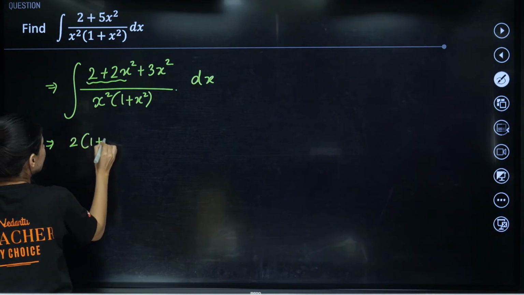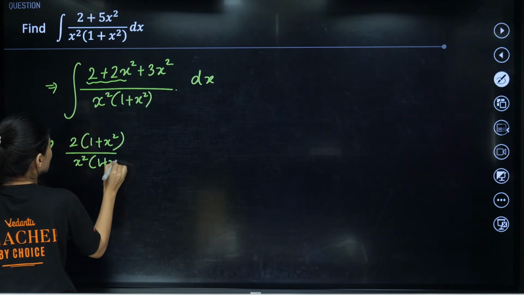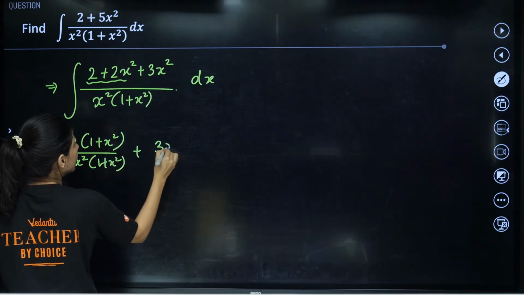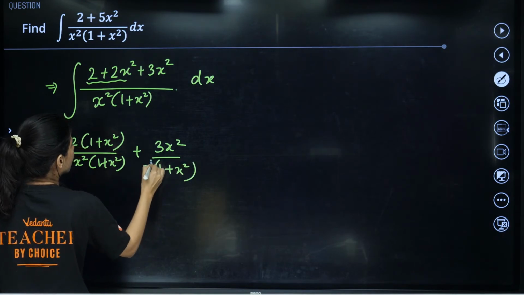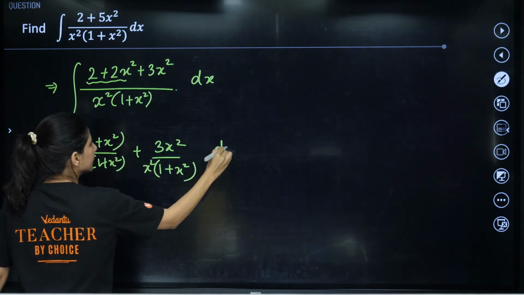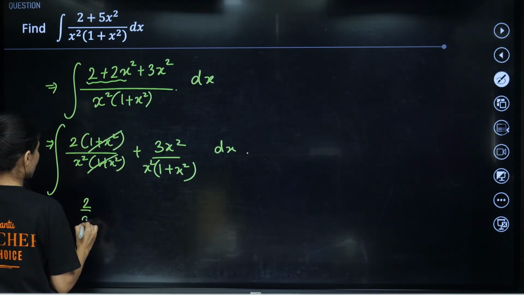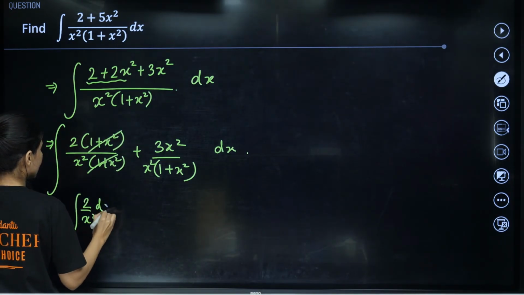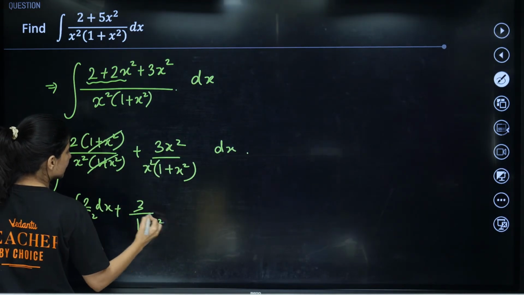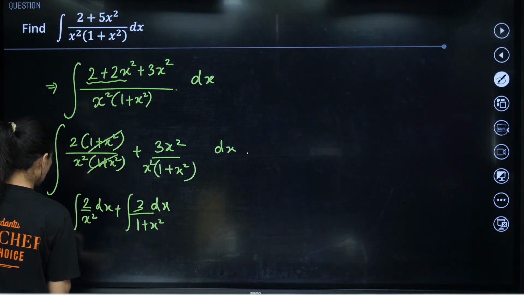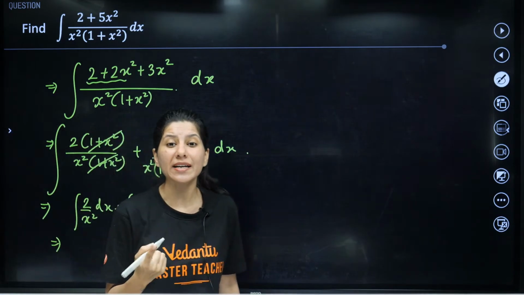Now separate it out. 2 into 1 plus x square upon x square into 1 plus x square, plus 3x square upon x square into 1 plus x square, integral dx. Correct? 1 plus x square gone, 2 upon x square integral dx, plus x square gone, 3 upon 1 plus x square dx. Now this is actually 2 into x to the power minus 2.